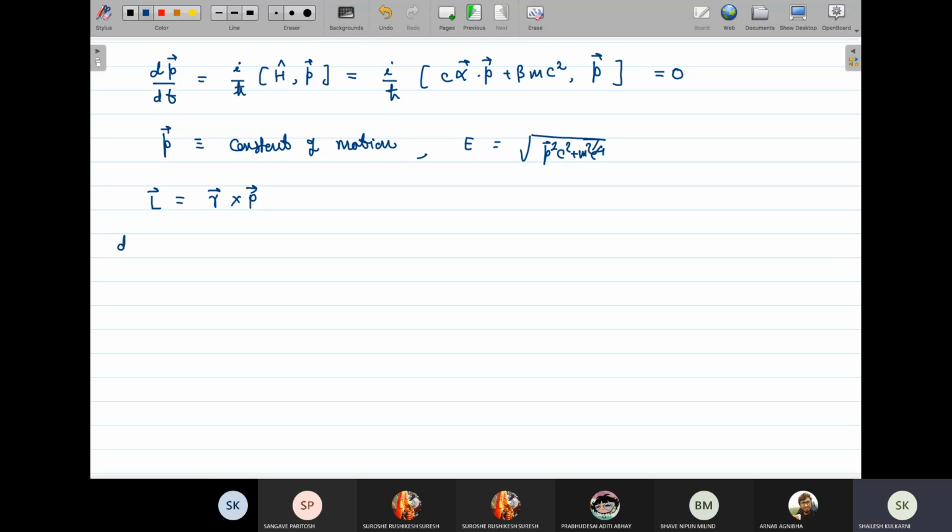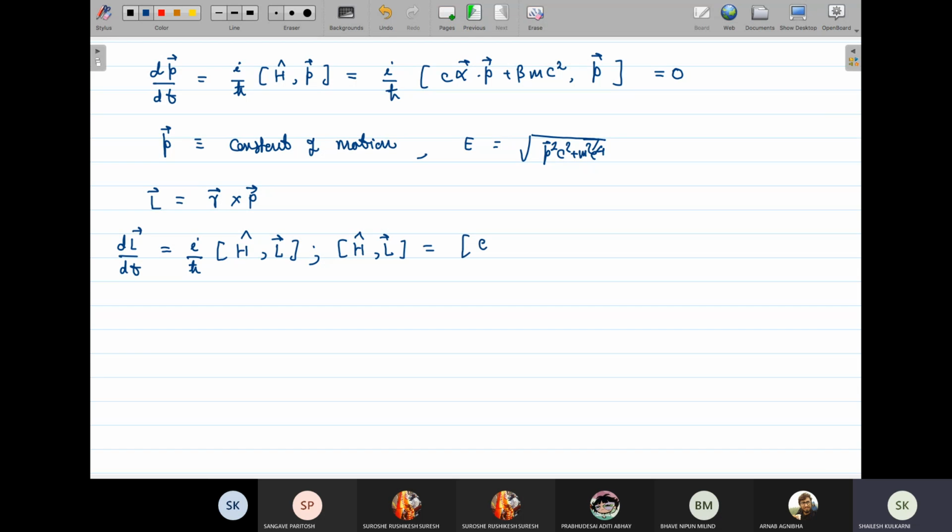So dL by dt. Remember, we are in the Heisenberg picture. dL by dt will be i by h cross, the commutator of H with L. So this boils down to the calculation of this commutator of H with L. What is this?